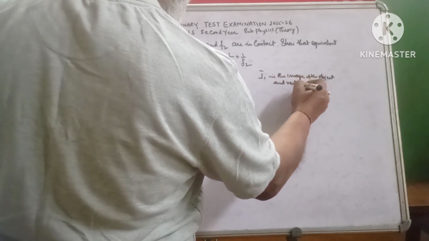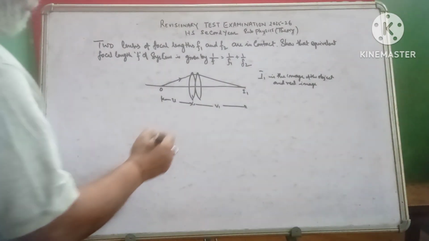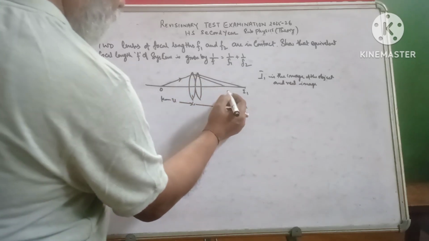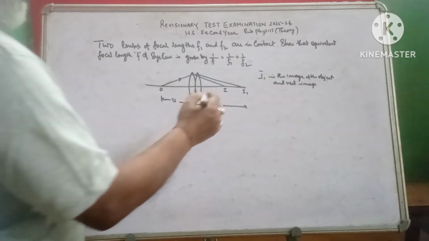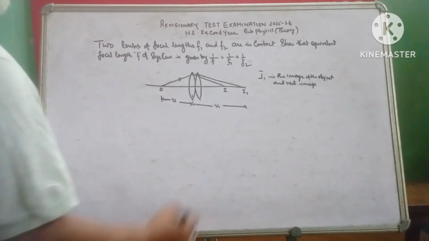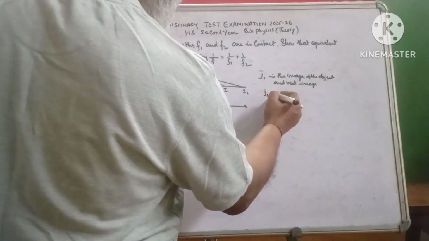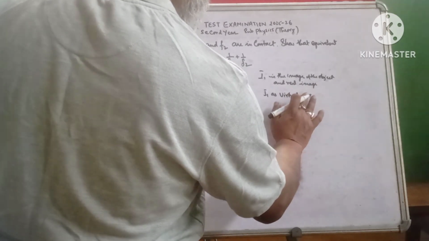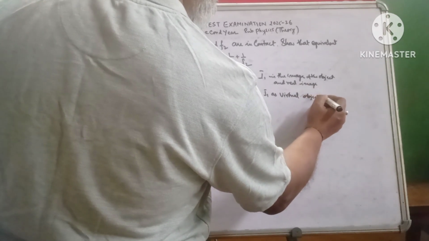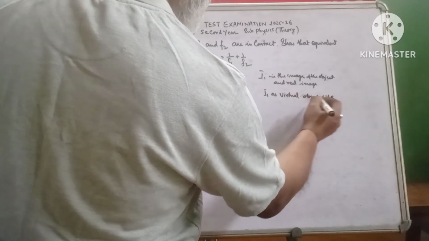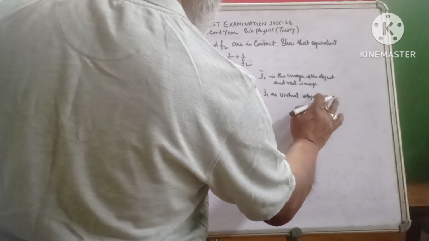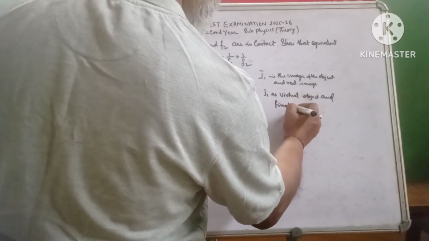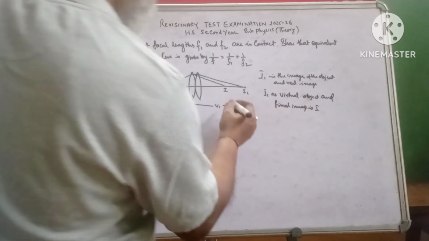But this I1 is the image of this object, and now it acts as a virtual object.